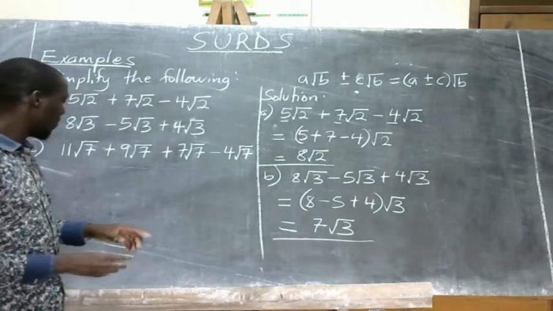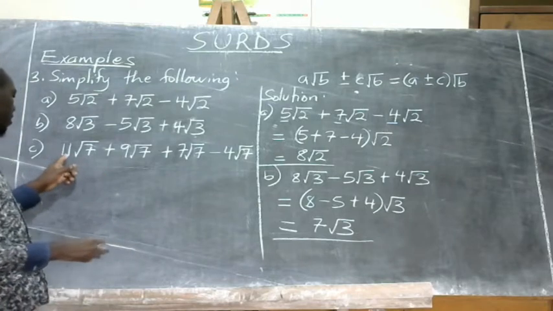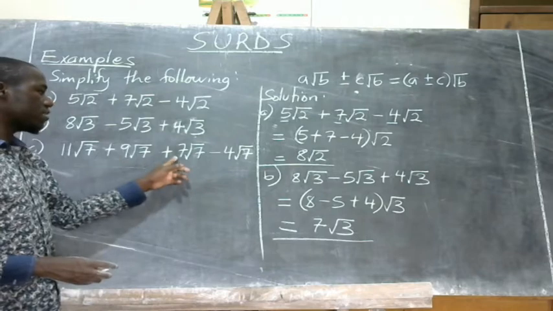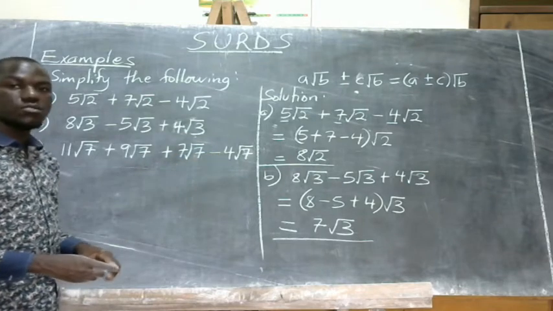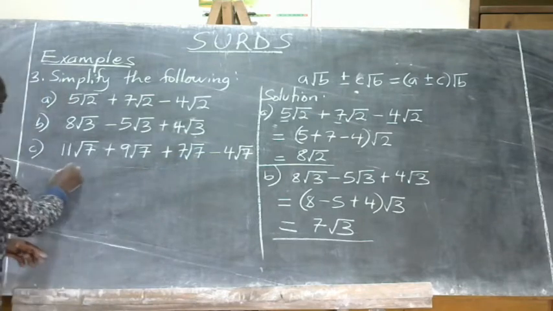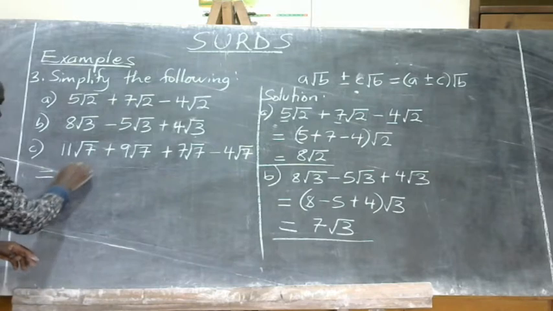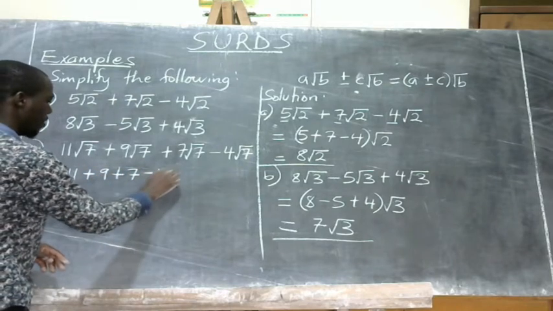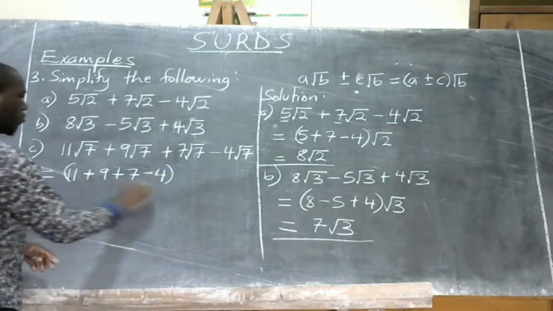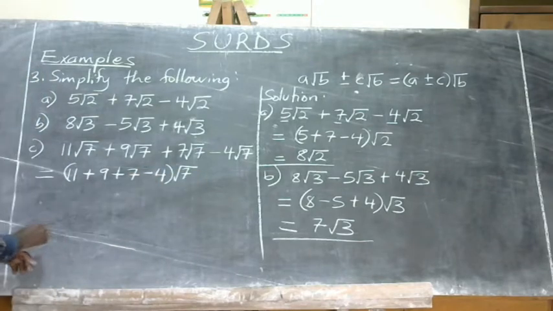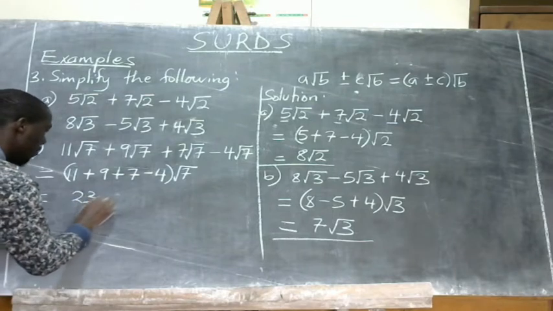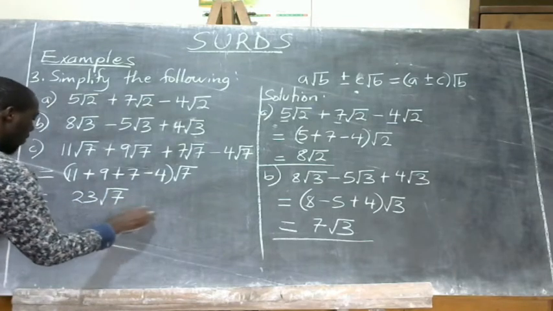Part C, I'm having 11 root 7 plus 9 root 7 plus 7 root 7 minus 4 root 7. So this is going to be equal to 11 plus 9 plus 7 minus 4 into root of 7. This gives me 23 root of 7.